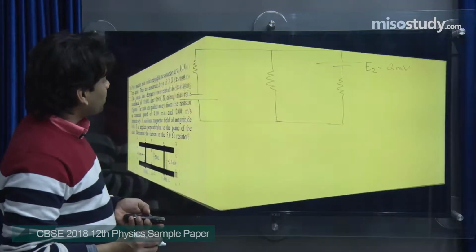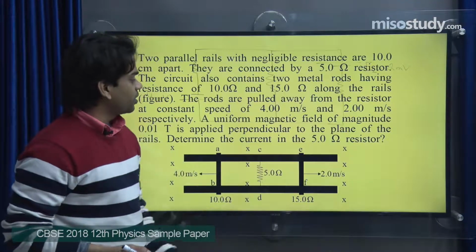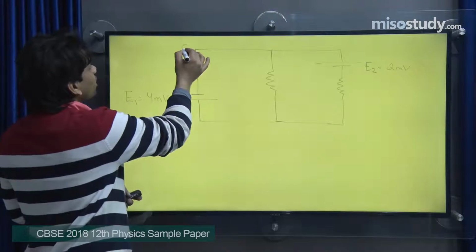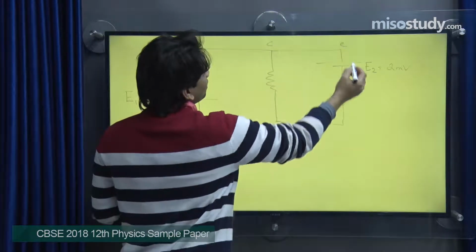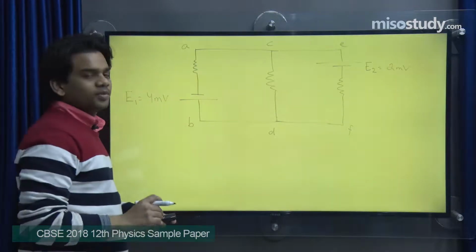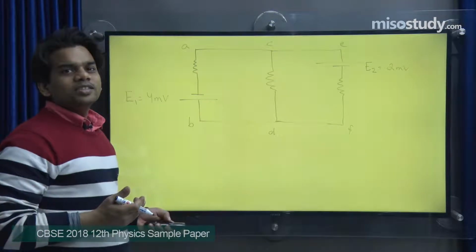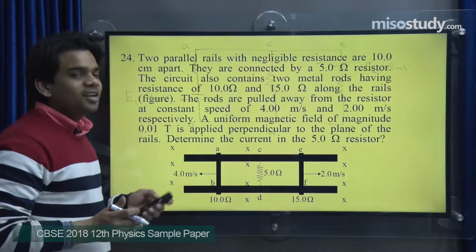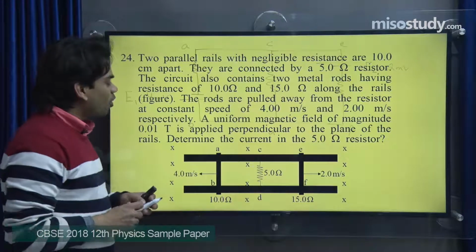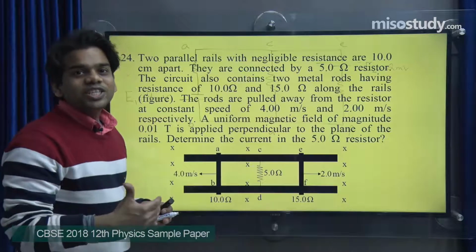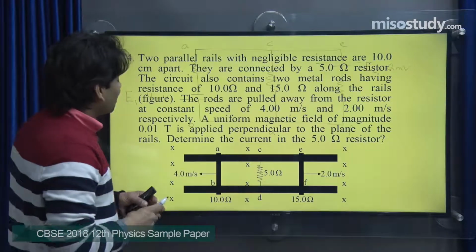Why have I shown the terminals in this way? Before that, let us mark the particular ends: A, B, C, D, E, F. Why have I marked the terminals in this way? When this rail is moving towards the left, use QV cross B to see how the charges are going to flow.